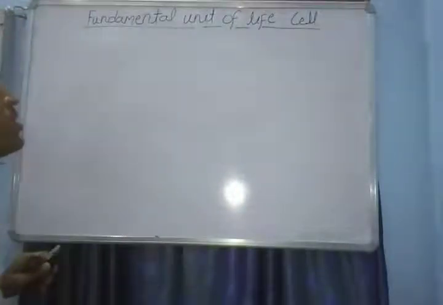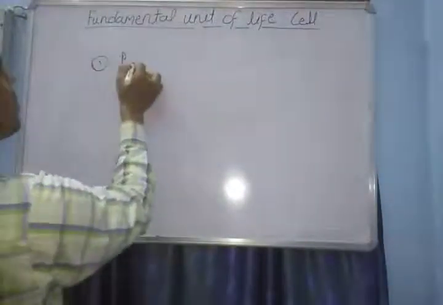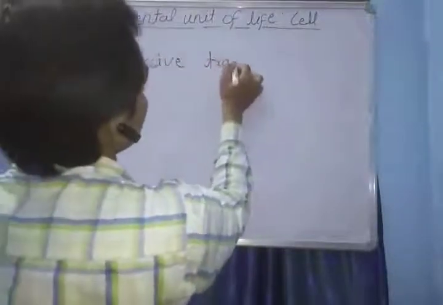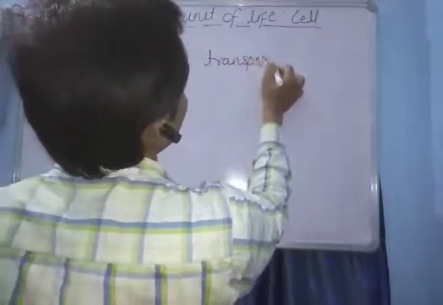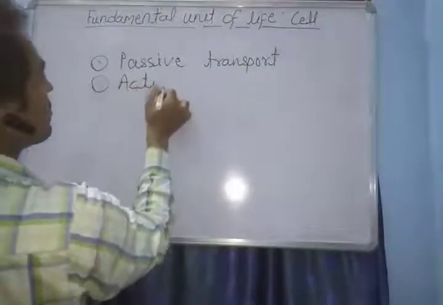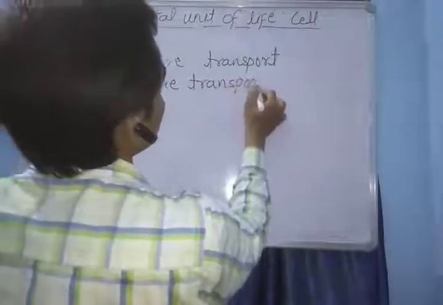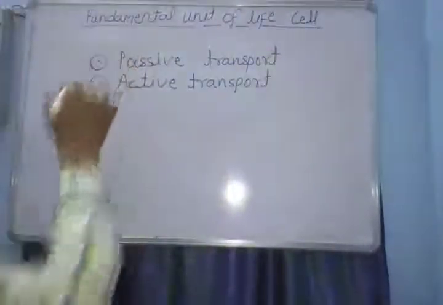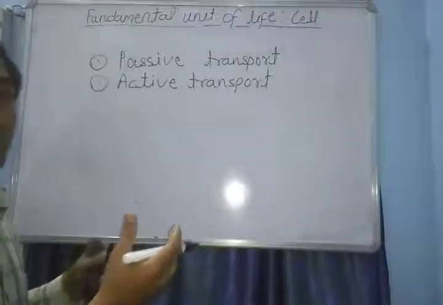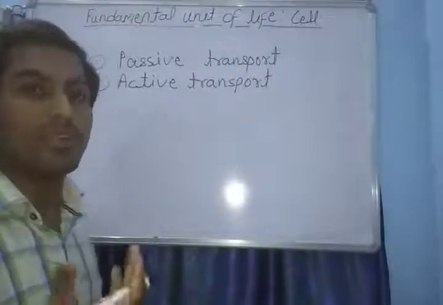The first one is passive transport, and the second one is active transport. Passive transport is the movement of substances through the plasma membrane without the expenditure of energy.